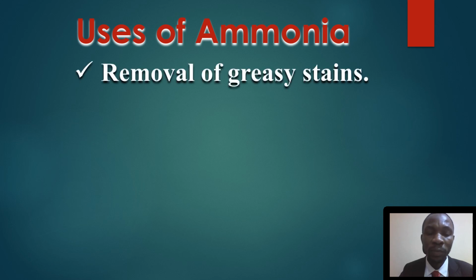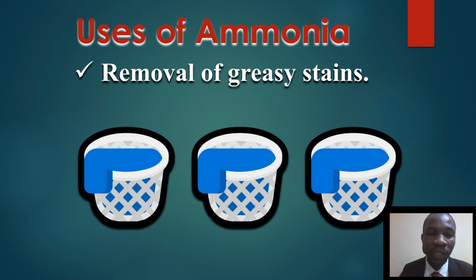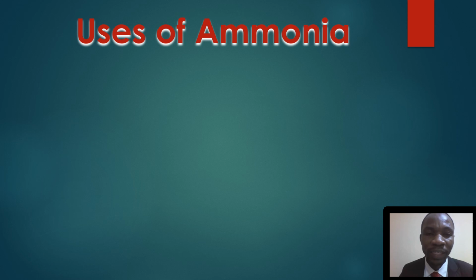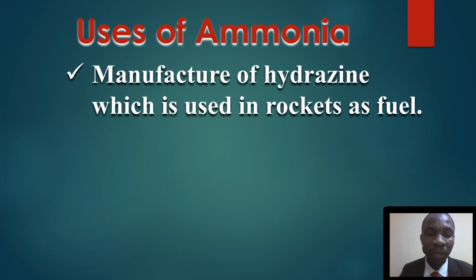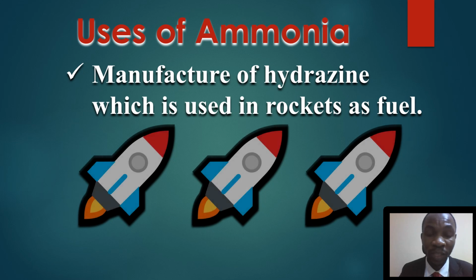Another use of ammonia is removing grease stains. If your clothes are stained with grease, then you can use ammonia to remove the stains. The other use is the manufacture of hydrogen. Hydrogen is used in rockets as fuel, so ammonia is used in the manufacture of hydrogen, which is used as rocket fuel.